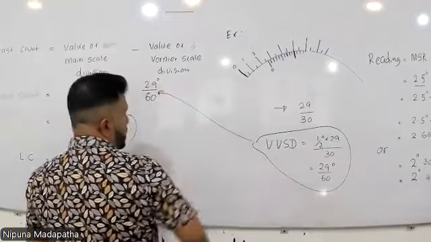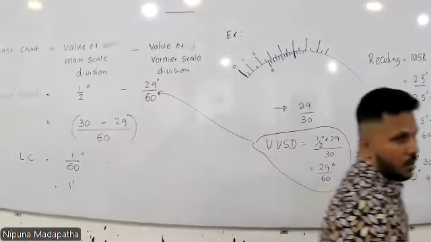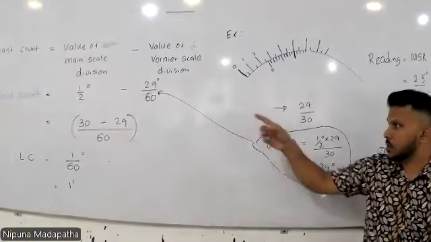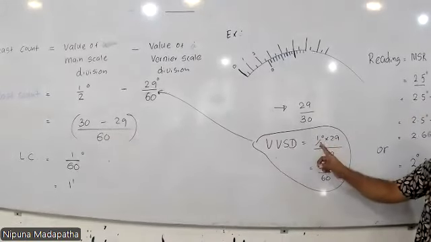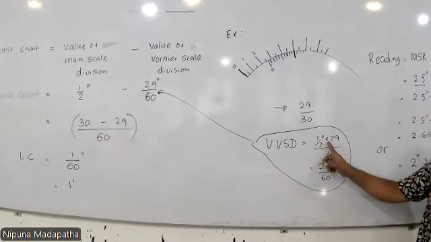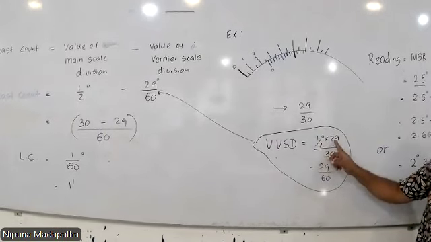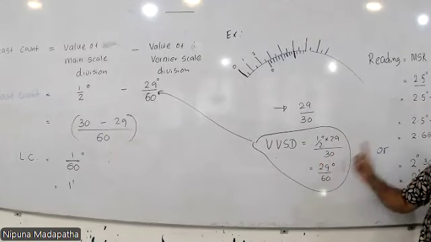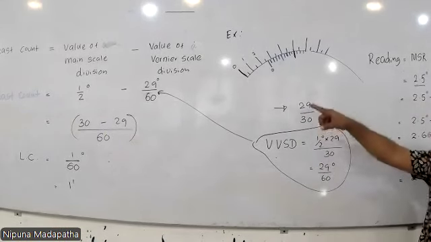This is how we get this. Right? This is now that 29 or 60. Half degree marks. Length of the 29 divisions is half degree times 29, that is divided by 30. Make a note of it.